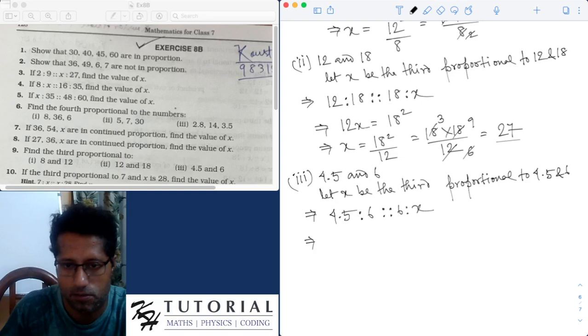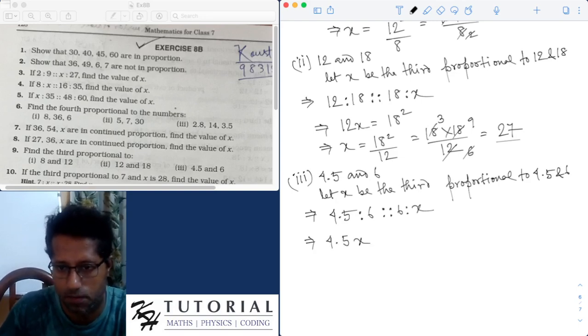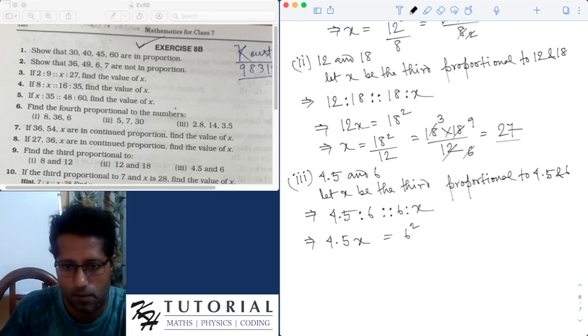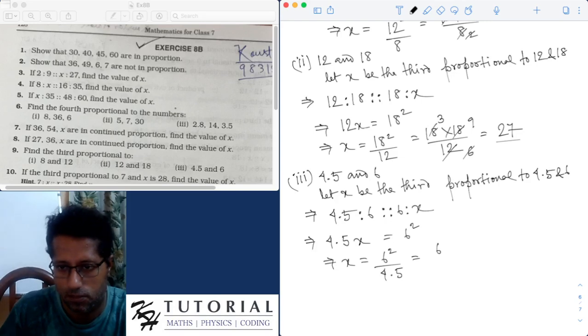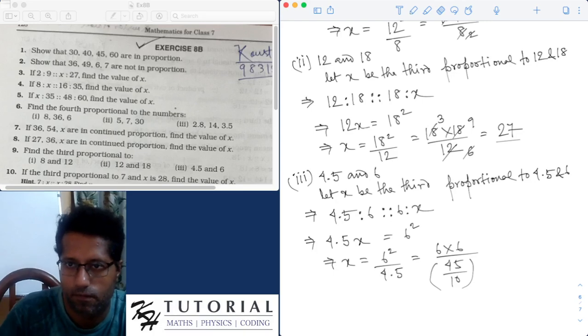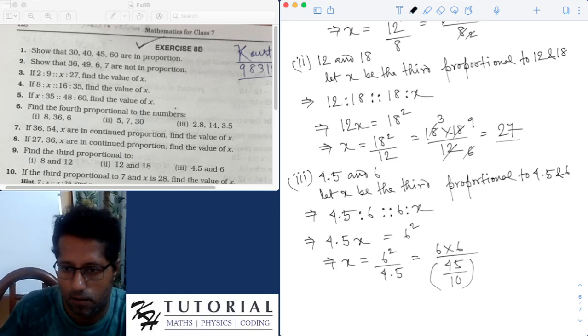Now this implies, using the direct formula, AC equals b square. So this is 4.5x equals 6 square. This implies x equals 6 square by 4.5. This is 6 into 6, and 4.5 is 45 by 10.